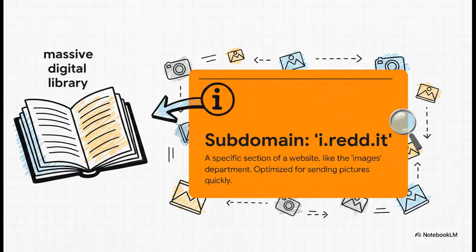So next up is the subdomain i.reddit.it. Now, think of the main domain, reddit.it, as this massive, sprawling digital library. That little I at the beginning, it's like a big sign pointing you to a very specific department, the one that only handles images. It's a specialized server built specifically to deliver pictures as fast as humanly possible.